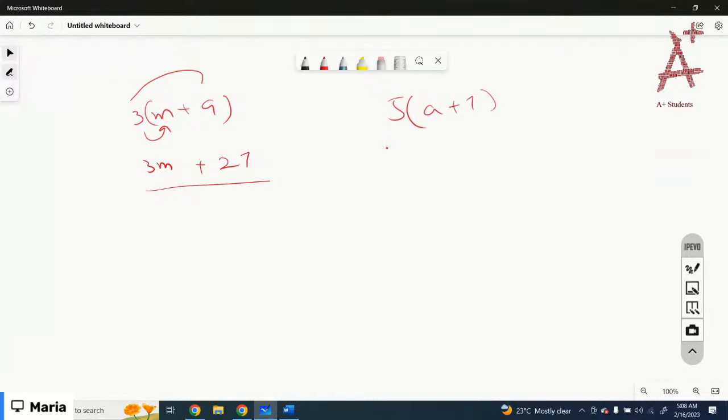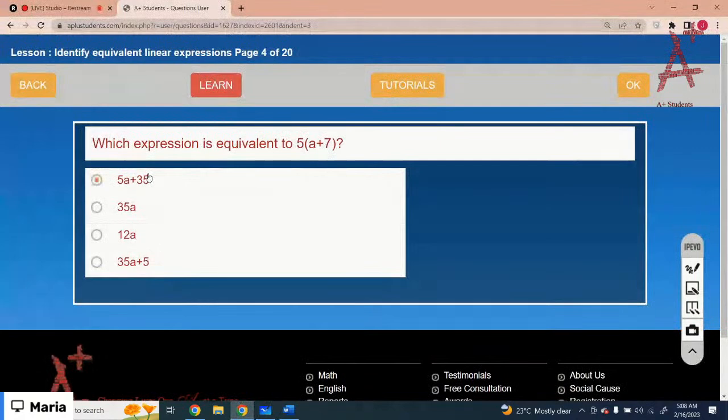Just apply the distributive property. You have to multiply 5 times a, so it is then 5a. Then you have to do 5 times 7, so 5 times 7 is 35. So it is then 5a plus 35. So the correct option is option number 1, 5a plus 35.